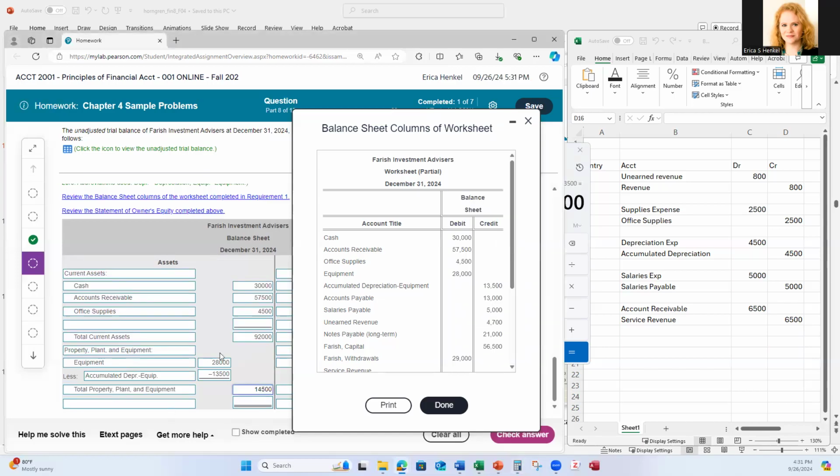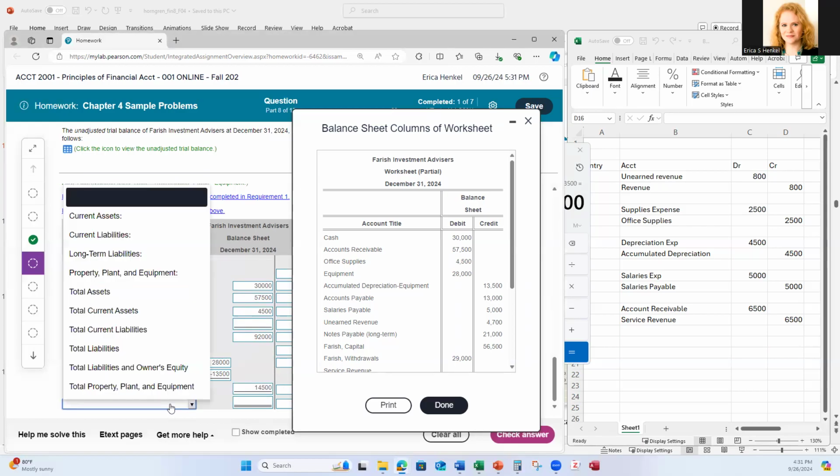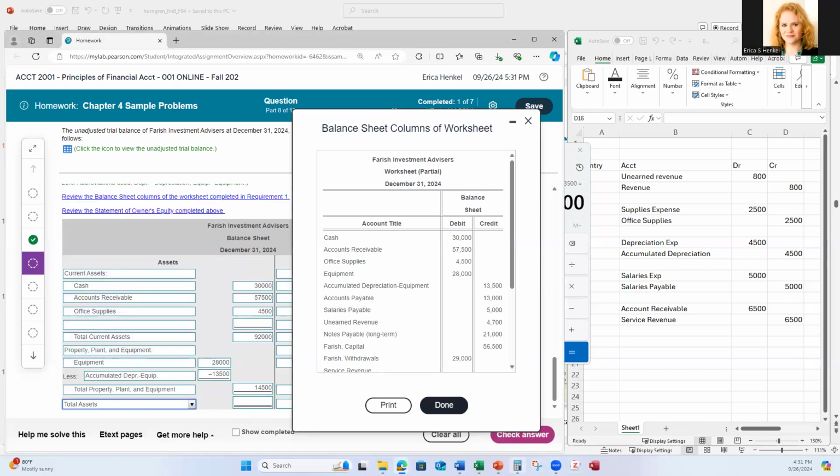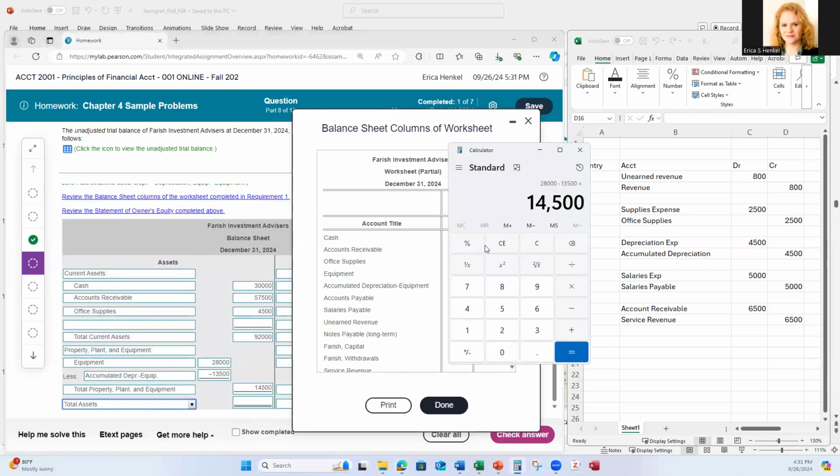And then ultimately we add our current assets plus our property, plant, and equipment, or other long-term assets if there are any, to get our total assets. So 92,000 plus that 14,500 gets us 106,500.